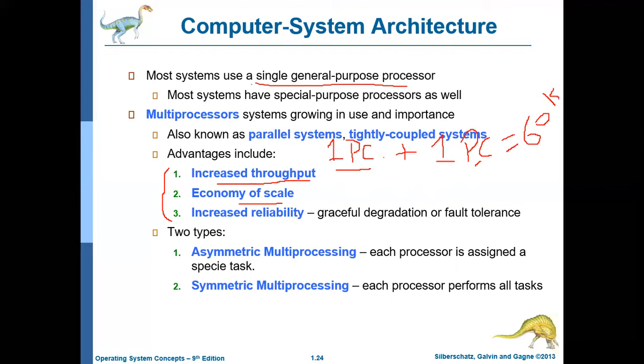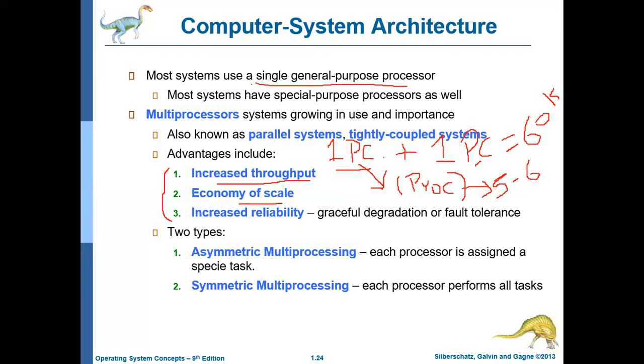But instead, there is another option available. Instead of adding one more PC, in this computer itself, I can add one more processor. Initially, this may be a single processor system. Now to this, I can add one more processing element, which is called a processor. If I add one more processor, probably the performance of the computer will increase quite a large amount, and the extra cost I have to spend will be around 5 to 6,000. It will not be more than that.